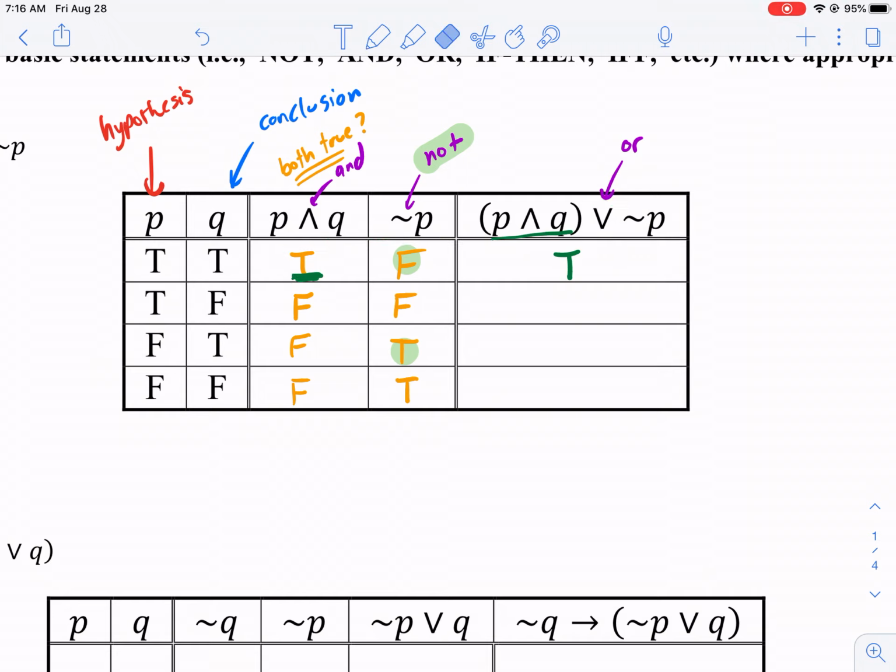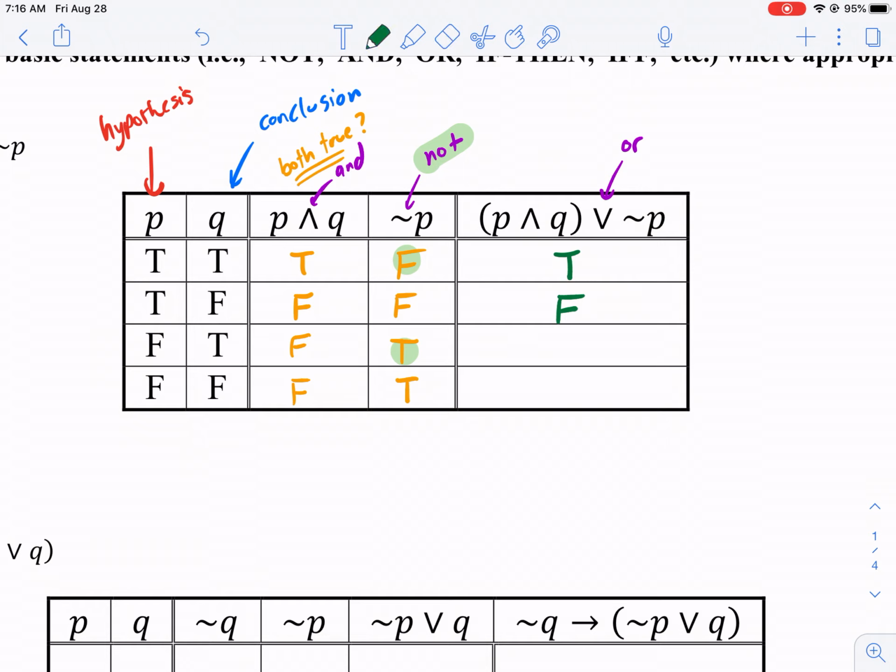Next up, again, we start with this one. P and Q is F in this row, or not P is F in this one. Is either true? And the answer is no, neither of those are true, so this one is false. Remember, at least one needs to be true for this whole statement to be a true statement. Okay, let's clean this up. It's a little messy.